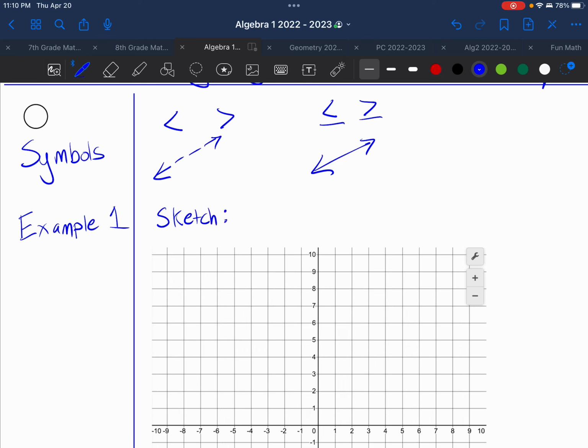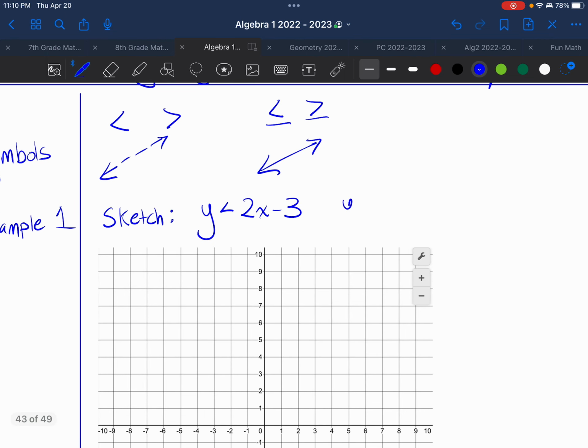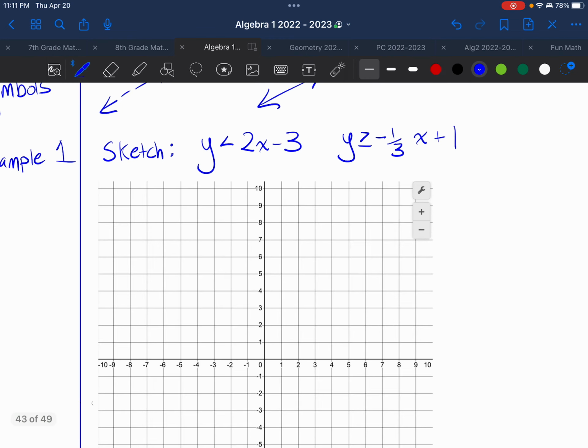Making up some random problem. Let's do like y is less than 2x minus 3, and the other equation is going to be like y is greater than or equal to negative 1/3 x plus 1. So you just graph.